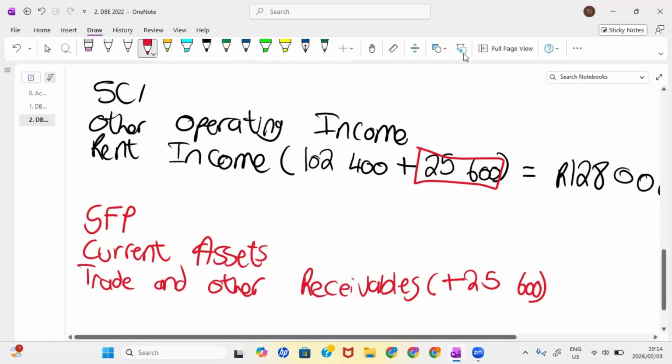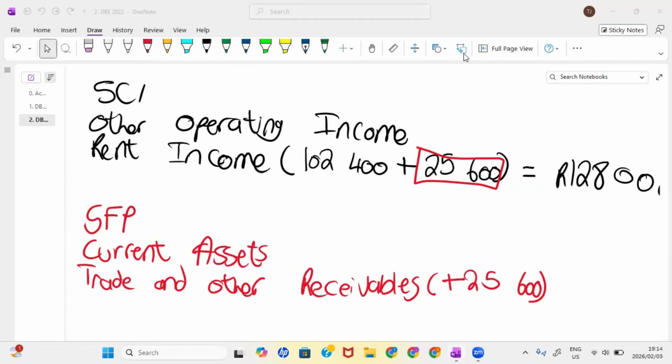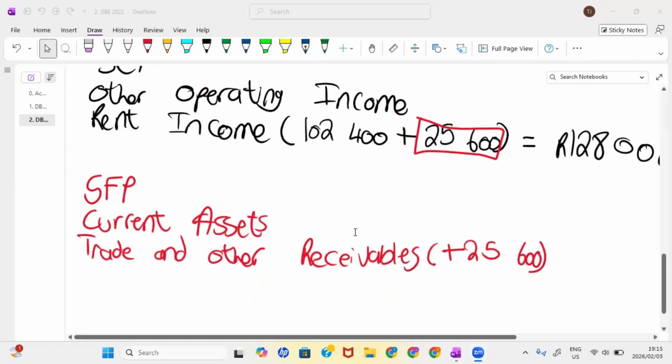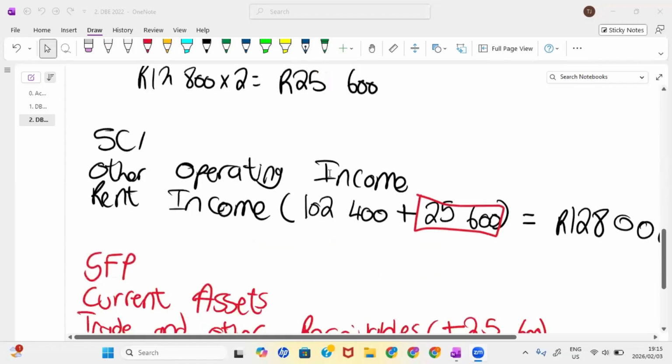The accrued income is actually classified as a current asset, right? Because this is income that hasn't been received, past its due date. So it's now an asset, and then we are going to reverse it as soon as we receive the amount, right?